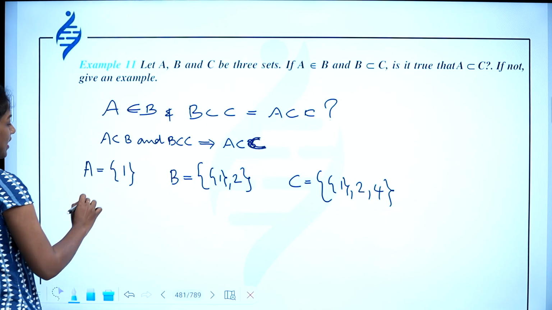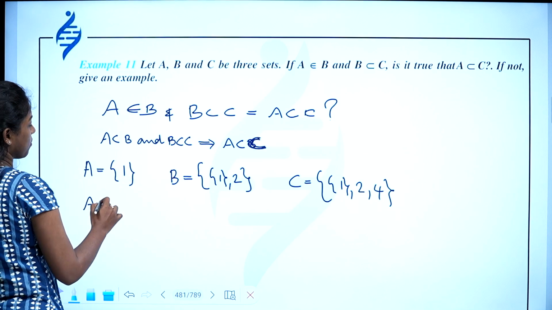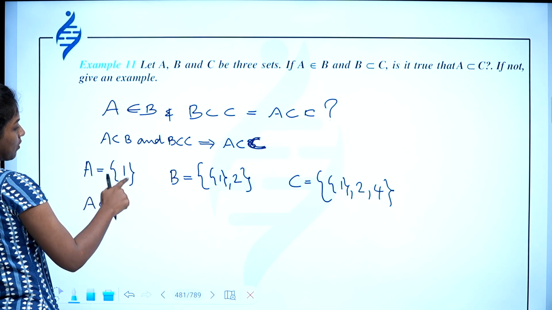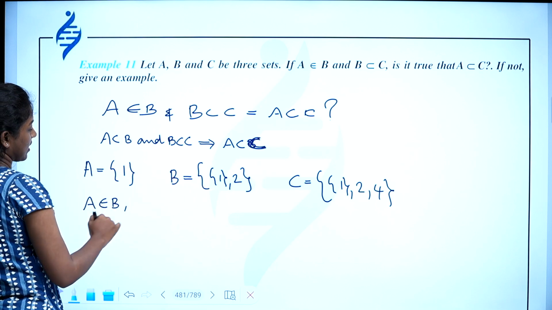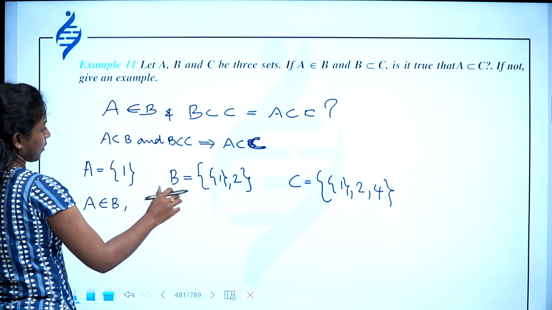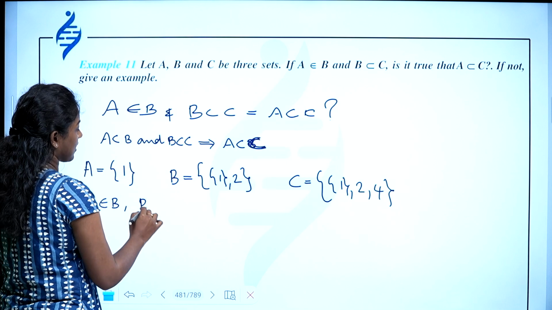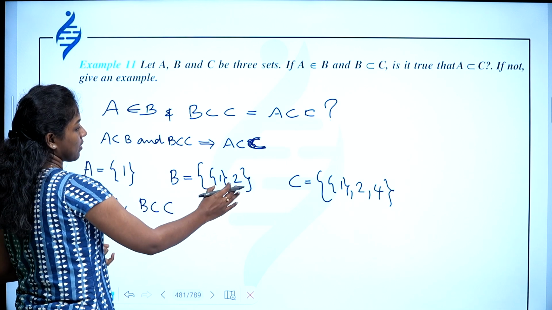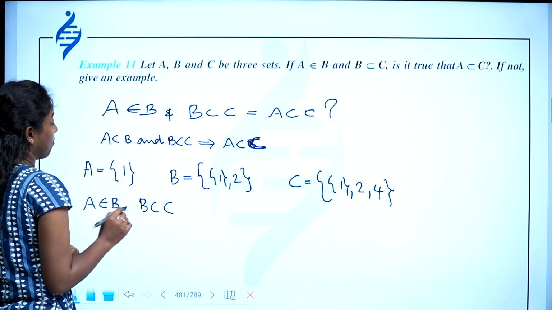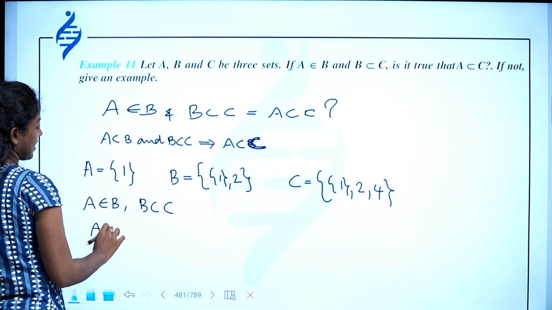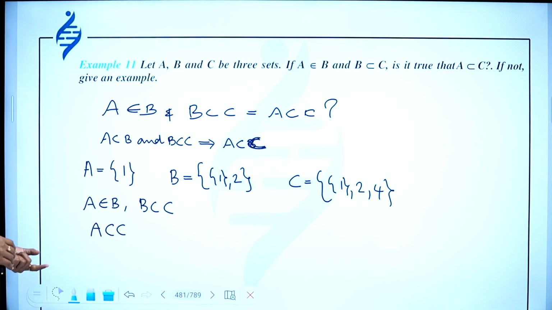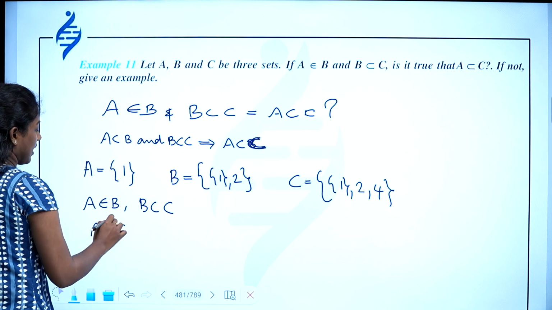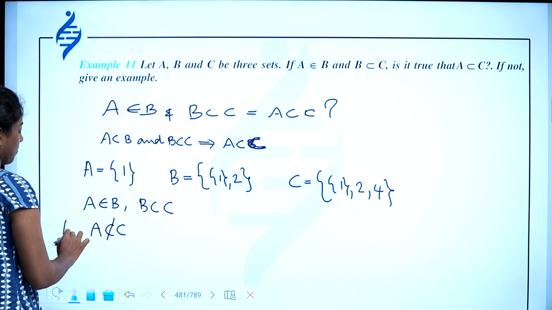As you can see, A belongs to B, right? A belongs to B because {1} itself belongs to B, and B is a subset of C, correct, because all the elements of B are there in C. But A is not a subset of C. Why?